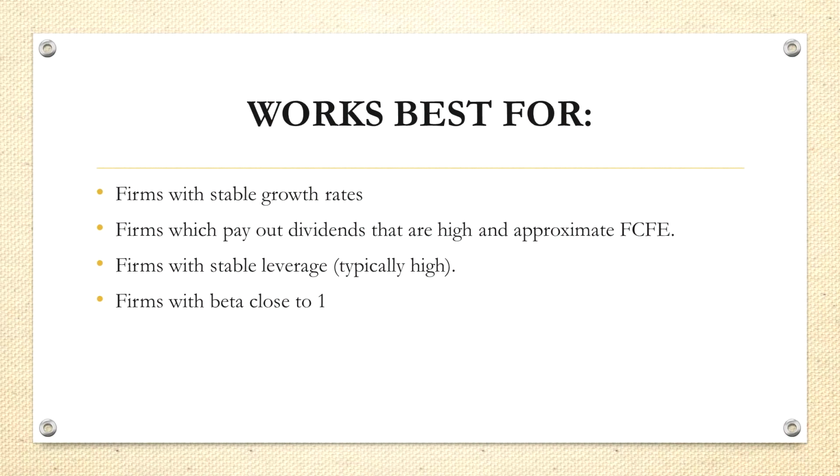And the third characteristic of a company is the company should have stable leverage, and typically the company will have a high leverage. And the last one is the company should have low risk. Well, beta is close to 1, so make sure you look at the nature of the company, and if a company satisfies those 4 criteria, then it could be a good candidate for using this constant growth model.